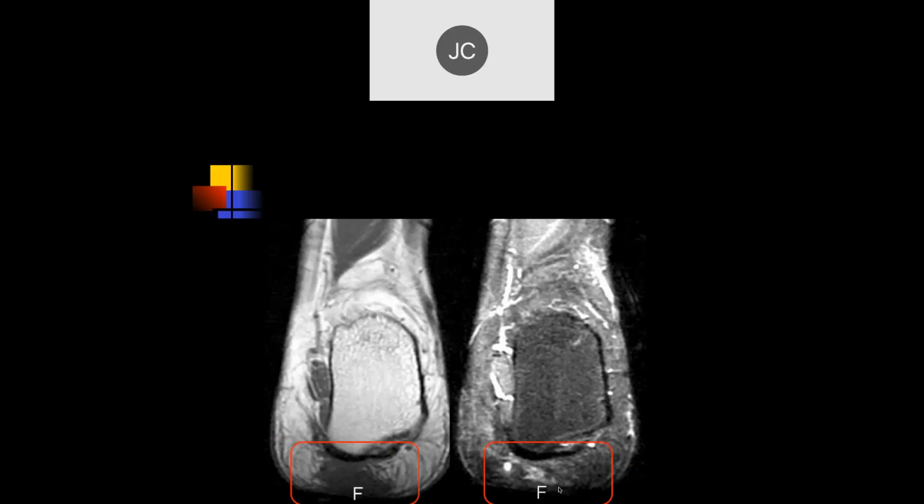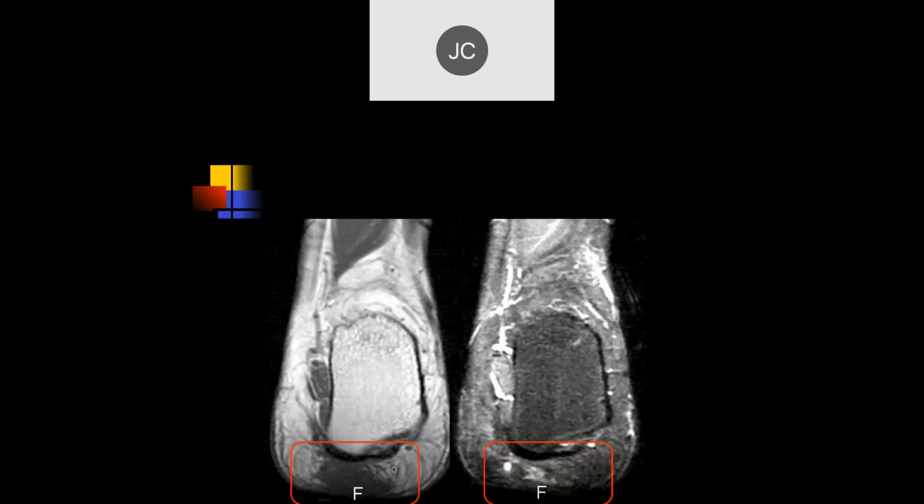Here we can see another example of that same area. Now, chronically, what you can get is fibrous replacement of the fat over time, where you get a lot less edema on the edema images. And this is typical of the pressure lesions, which we more commonly see plantar to the first and fifth metatarsal heads of the foot.